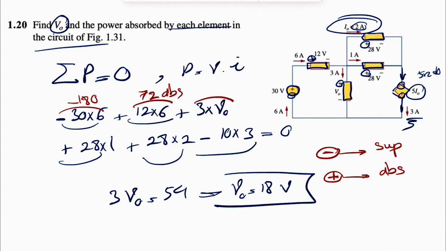This element 54 also absorbed, 28 absorbed, 56 absorbed, and this one minus 30 supplied.